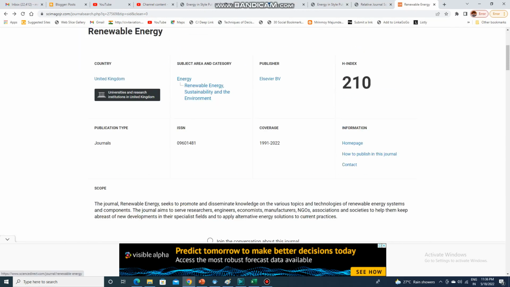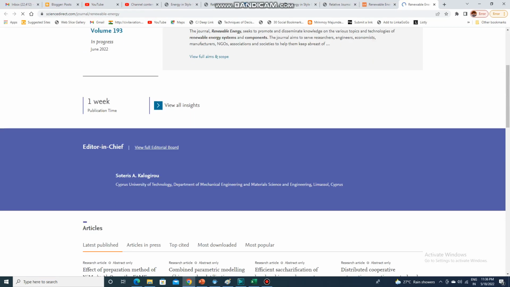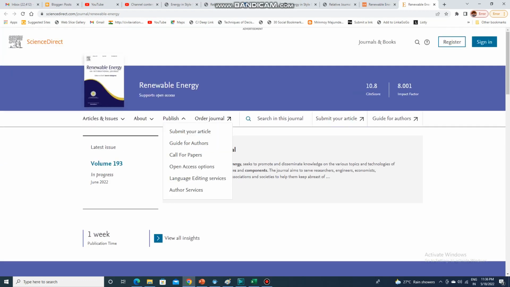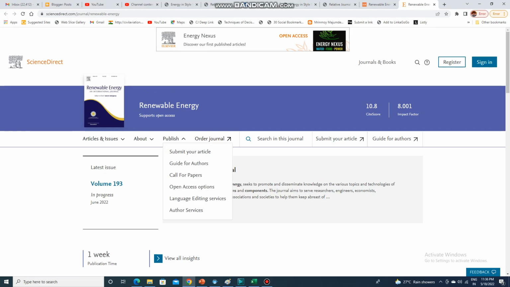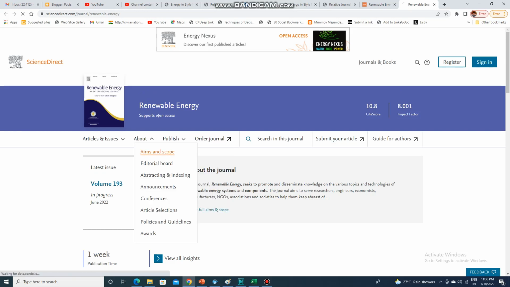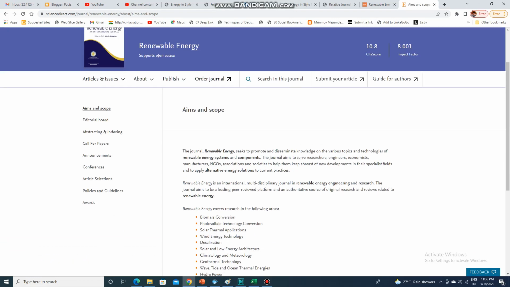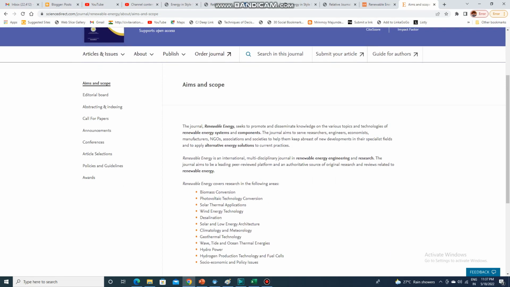So let us go to their home page and see what the scope of the journal is. Search: aims and scope of the journal. This is important. As I found, the aims and scope of the journal list the research areas: biomass conversion. This is for recommending the journal.